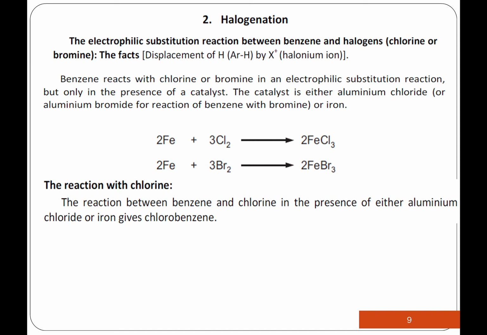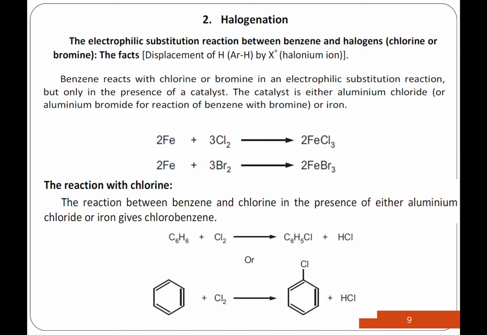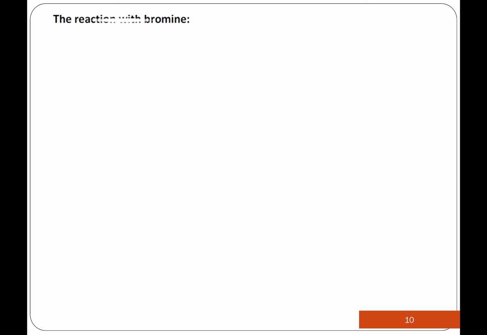They also have a second step, that is the conjugate base of this AlCl3 or FeCl3, that is AlCl4 or FeCl4, readily abstracting the proton and driving the reaction to completion, which is explained in the next slide.